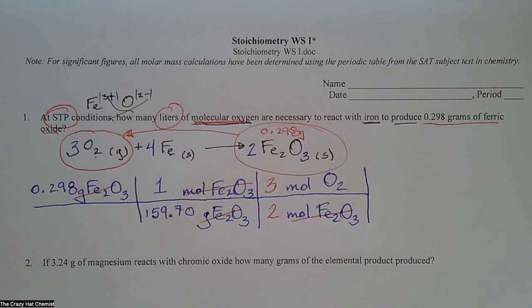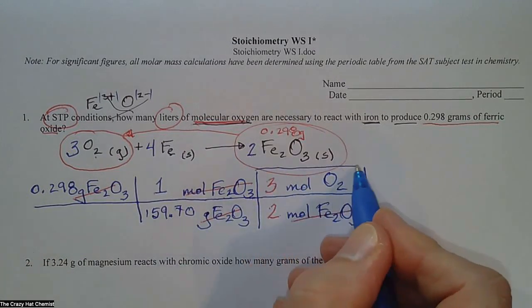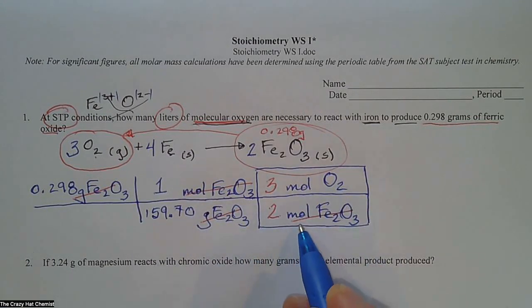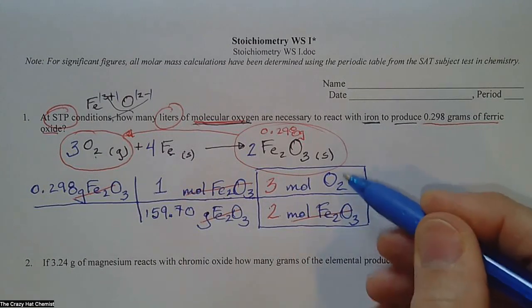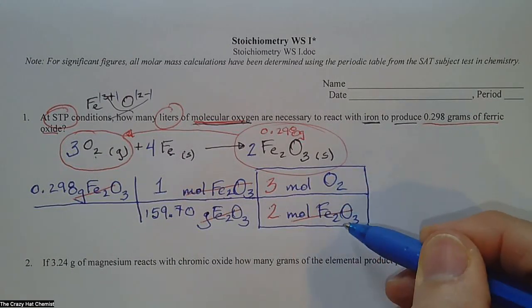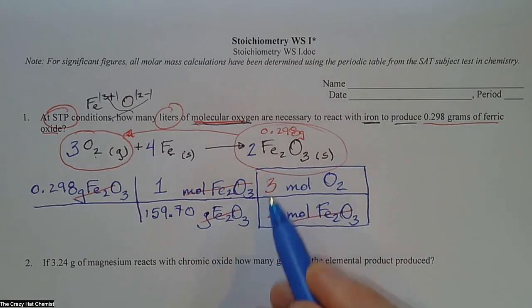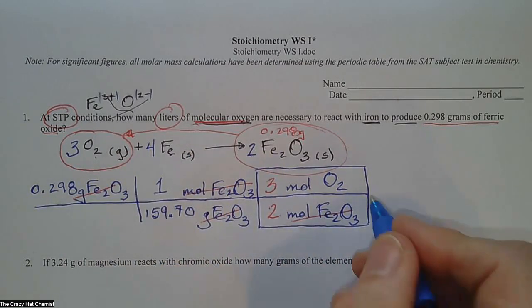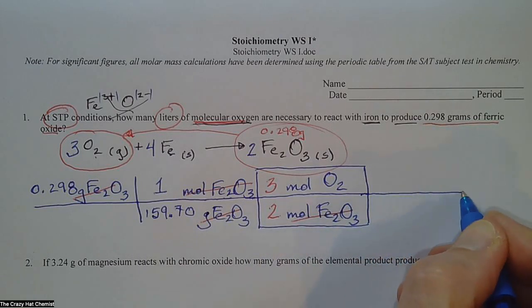All right, awesome. So we have one more step that we're going to do. This is actually called a mole ratio that I'm boxing out right here. This is a mole ratio. This is the only time in which you can actually change the formulas, and I'm using the stoichiometric coefficients from the balanced equation.